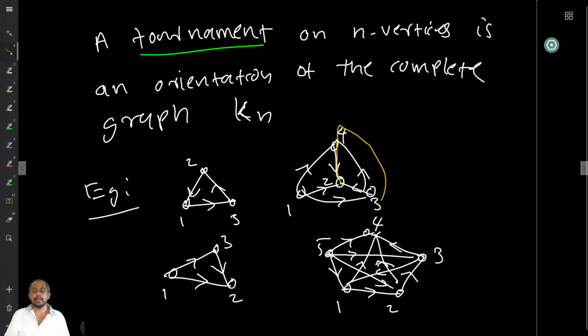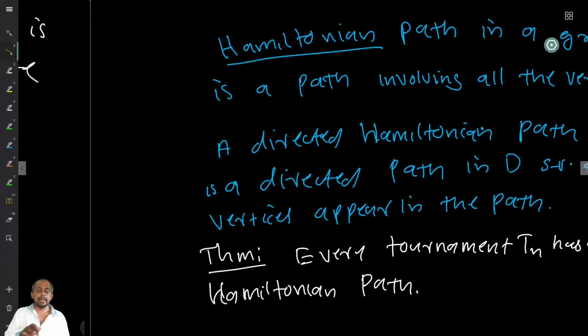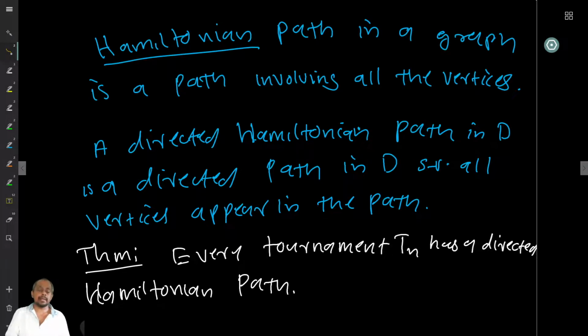That is a directed Hamiltonian path. Similarly, you can find one in all the other graphs. So find a directed Hamiltonian path in any arbitrary tournament. Can you show that every tournament contains a directed Hamiltonian path? Before you go into the next page, I want you to stop and think about this.